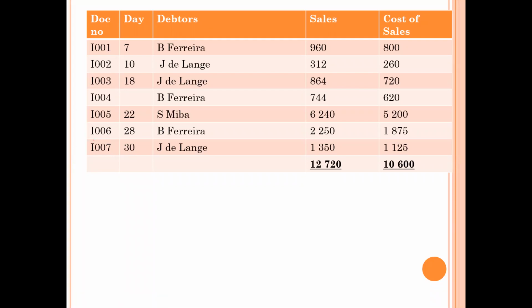Your next invoice number, invoice 006. B. Ferreira, the 2,250 rand will go to sales, the selling price. You need to go and calculate cost of sales. How do you get that? You take your selling price of 2,250 times 100 divided by 120, and then you will get the 1,875 rand that will go to cost of sales.